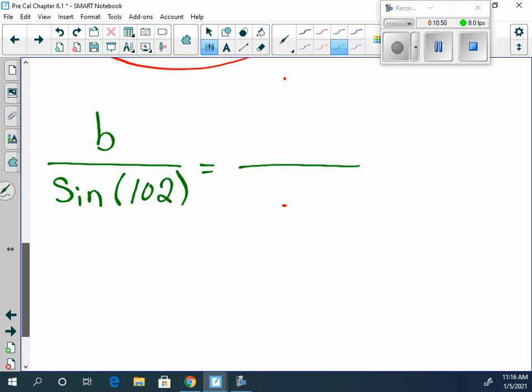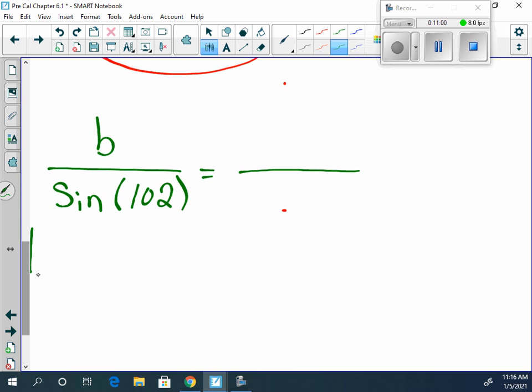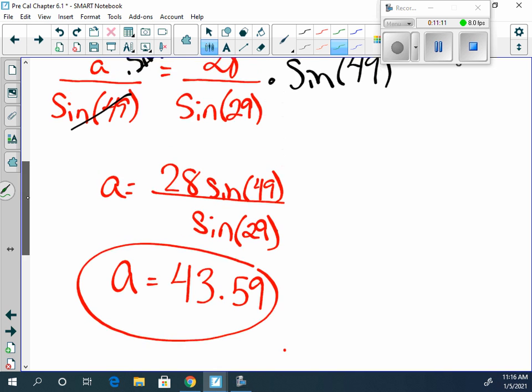Now, we could pick A or C. It doesn't matter which side length we pick. But I'm going to keep with the same one, because I said 28 is what we used previously, yes? Over sine of 29.